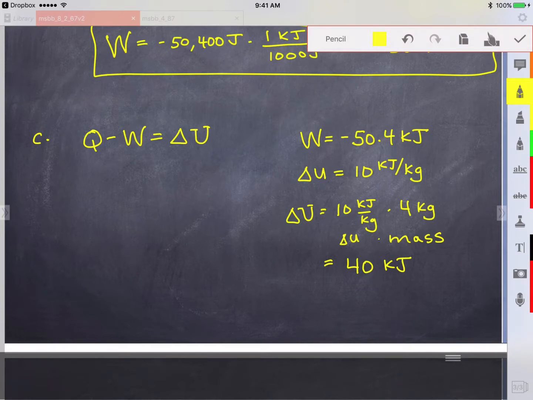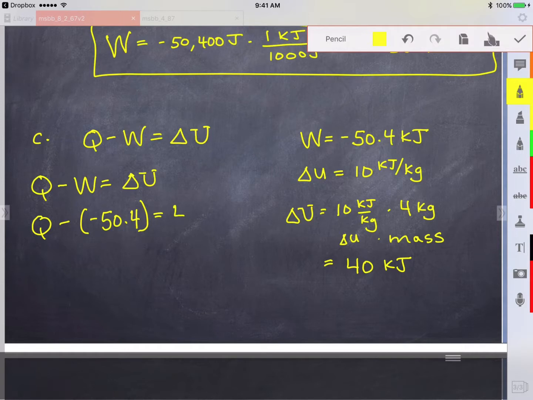When we put our values into the equation, we see that Q minus W equals delta U, or Q minus minus 50.4. See, this sign is really important, and that's equal to 40 kilojoules. So what we're able to solve for is that the heat transfer is minus 10.4 kilojoules.